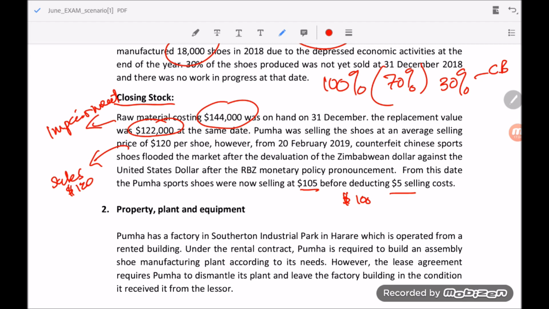So it's coming back now to saying we did some costing of our product. If we did our costing of the product and the finished goods, if the cost goes above 100, then that means we've got a problem. We need to write it down from that cost which is above 100 to come down to 100. But the problem is this is only taking place after year end, which makes sense now.